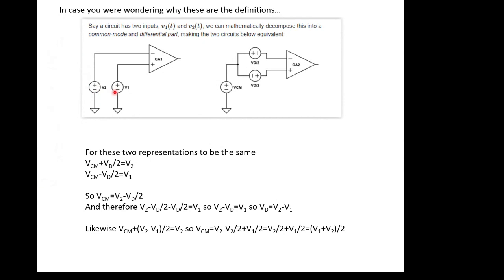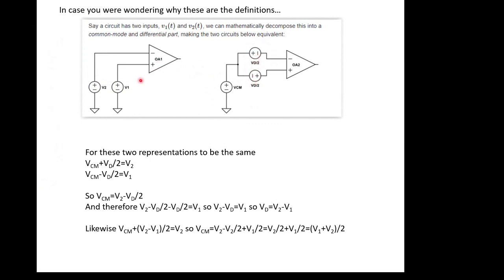So if you've just got two general purpose signals, V1, V2, which could be doing anything, they could be up and down, they can be independent of each other, whatever. You can say that they can be represented by the equivalent circuit of this, where you've got a common mode signal and difference mode signals, where the difference mode is just the inverse of the other.